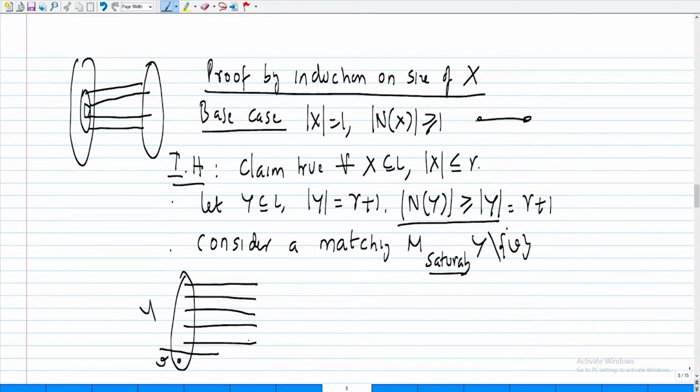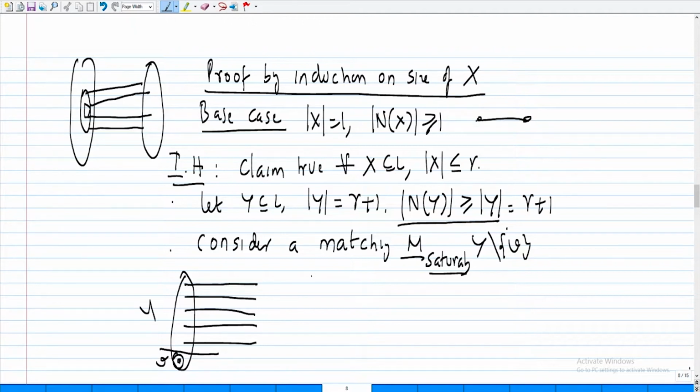Fine. Now I want to show that I can extend this matching. Which is the unmatched vertex here? Obviously, V is the unmatched guy. Now, can you tell me what I should do? You want to find a larger matching that will match V. Super. Yes.